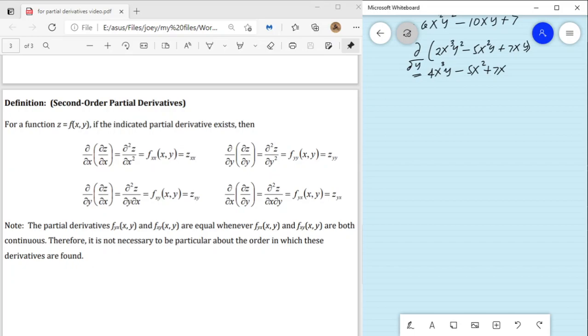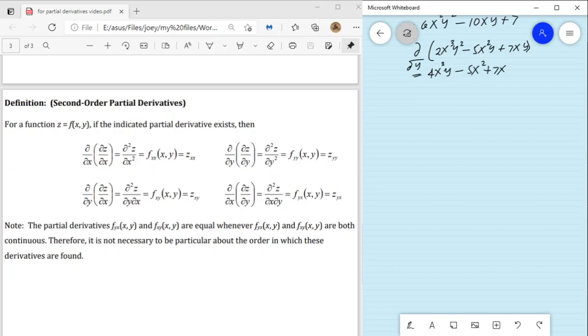Take note that the same notation is used in finding the second derivative of the same function with respect to the other pairs of variables, pairs of x and y.